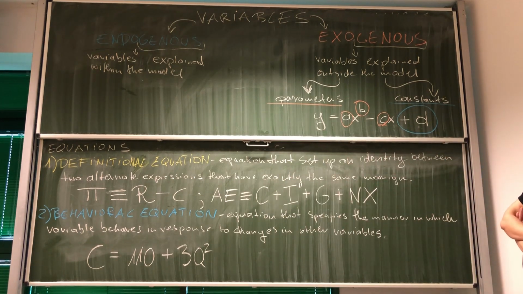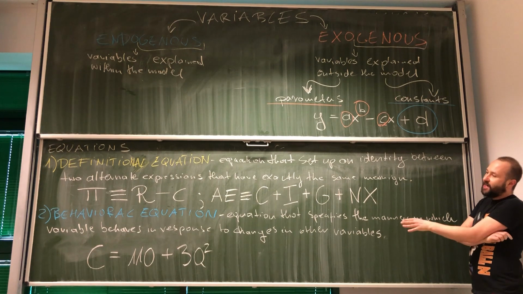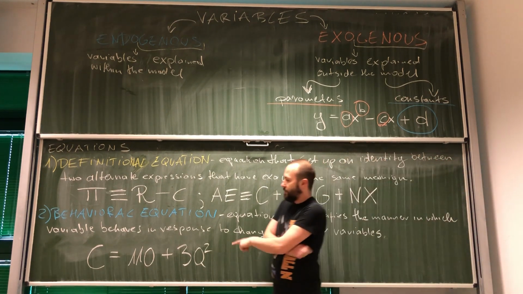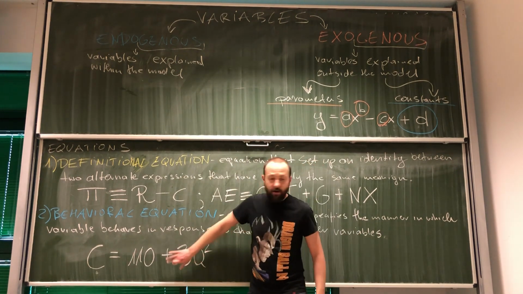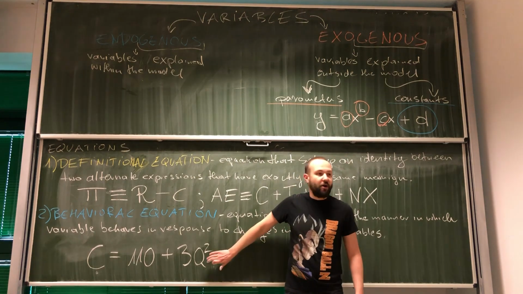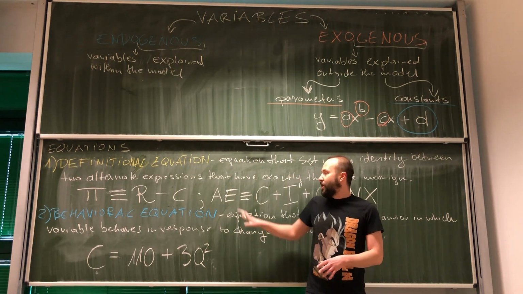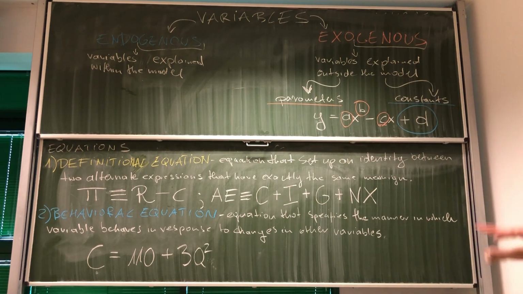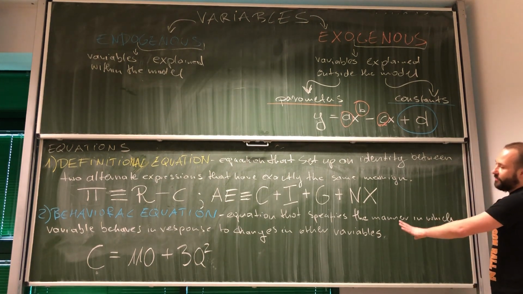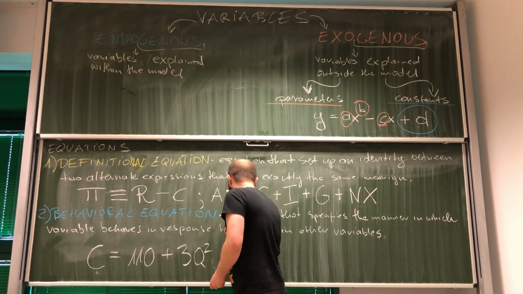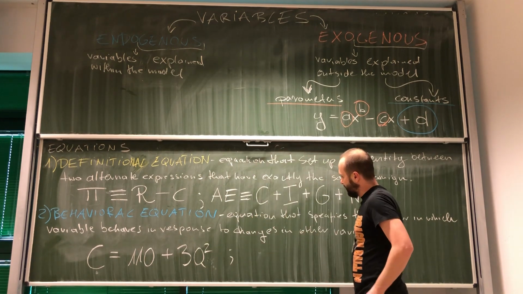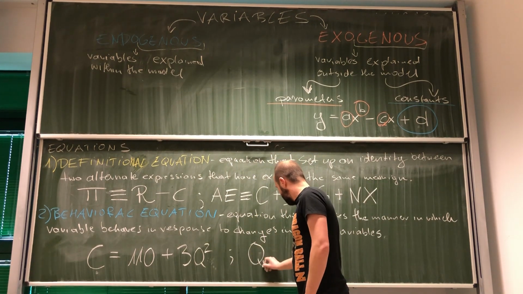So in this case, we are actually describing behavior of total cost as a function of how much our company is producing. So in this case, we are simply trying to show some specific pattern of a behavior of one variable depending on the behavior of the other variable. Okay, another example, also from microeconomics that you might know very, very well, is quantity demanded.